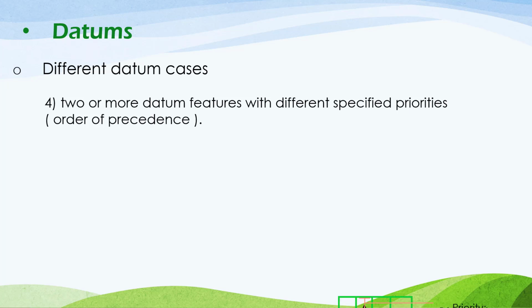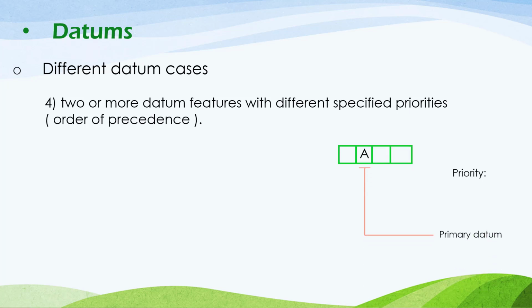So the primary priority feature is the one that is written first, and the secondary priority feature is the one that is written second, and the tertiary priority feature is the third one that is written third. And we state each of them in a separate part, or we state each of them in a separate box.